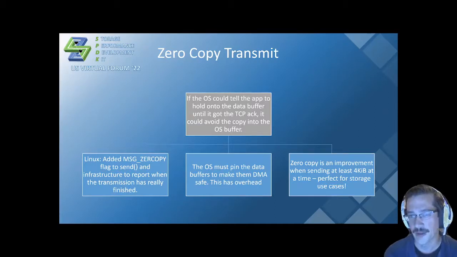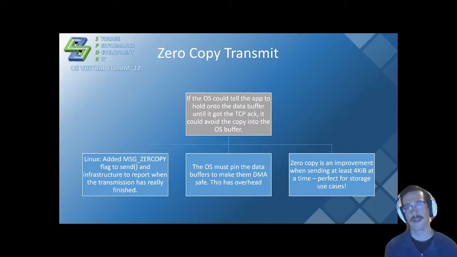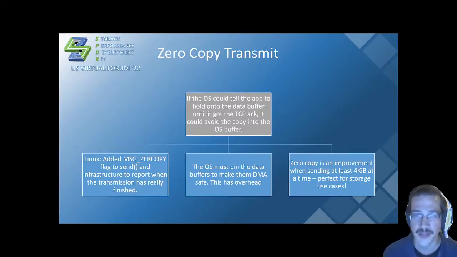But we found zero copy is an improvement as long as you send at least 4K at a time. The official guidance, I think, on the Linux documentation says 10K. We found it's more like 4K, which is perfect for storage. That's the least amount we typically send, unless we're just sending small amounts of responses to other commands.